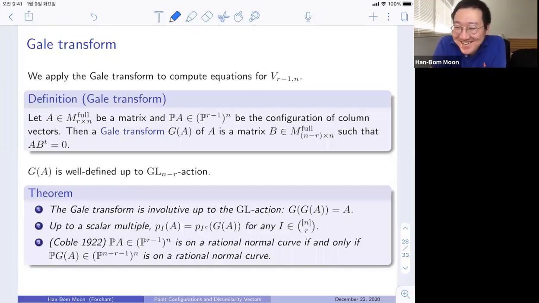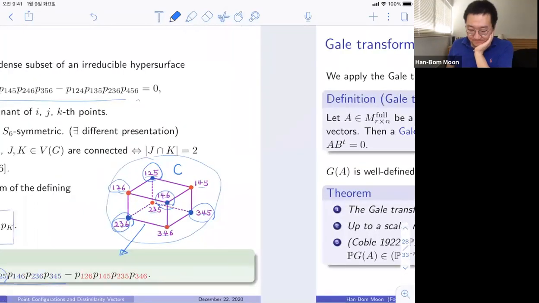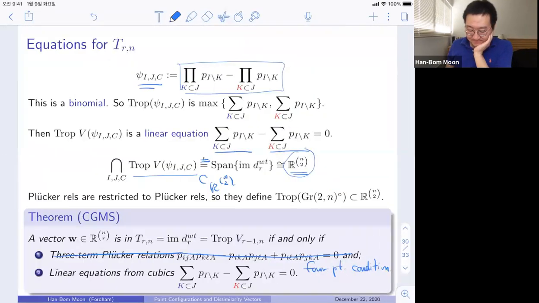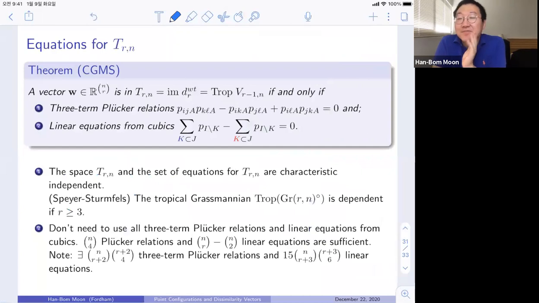Any other questions? Can you go back to the slide where you talked about the characteristic towards the end? So I'm shocked about that. I thought tropicalizations only made sense over the reals, for varieties that come from complex ones.